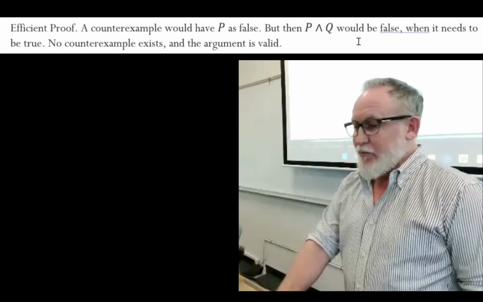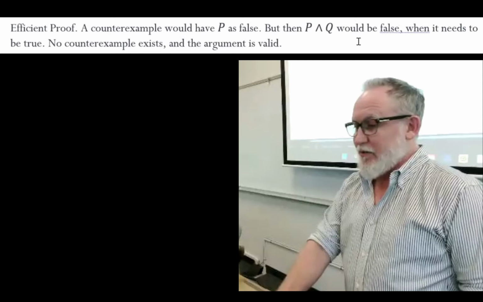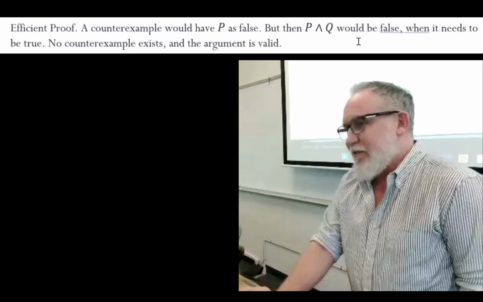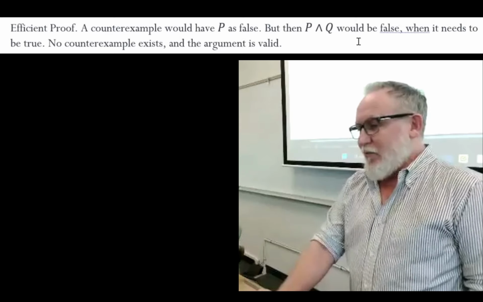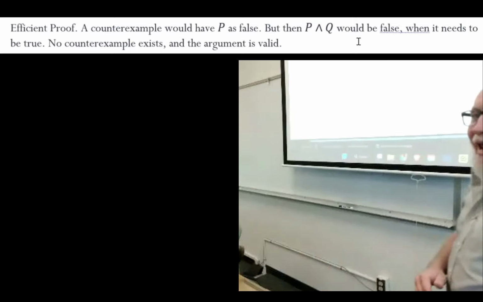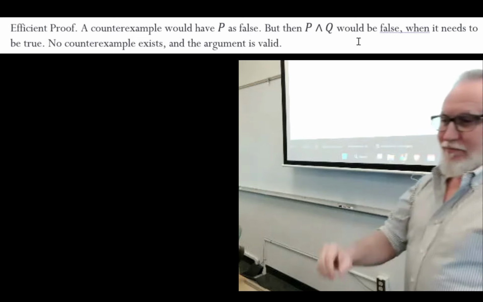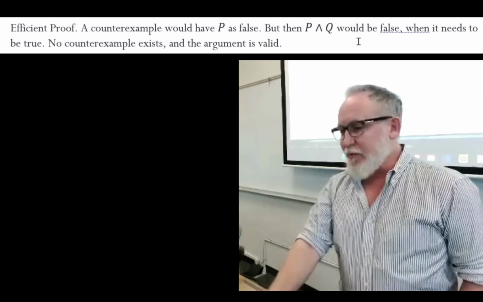And so if we assume the conclusion is false, well, then the premise is false. Right? Because if either P or Q is not true, then P and Q is false. So no counterexample. And this all just comes from the definition of validity.